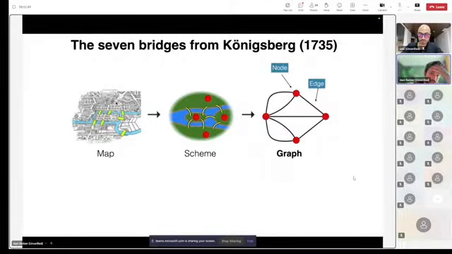So every piece of land which was disconnected from the others due to the presence of water in between was associated with a node, a dot. And if two banks were connected by a bridge, then he put a link between these two nodes that he called an edge. Okay, and so he drew the first ever graph, which is an abstraction of this problem.